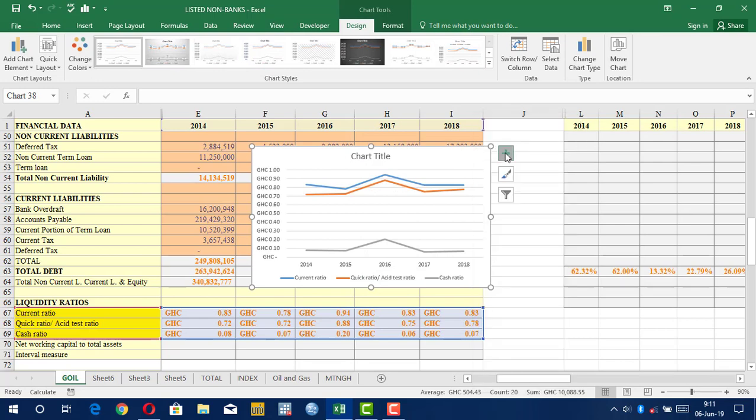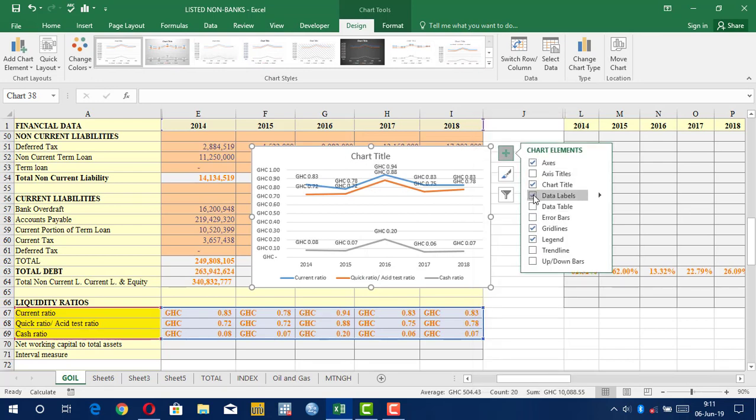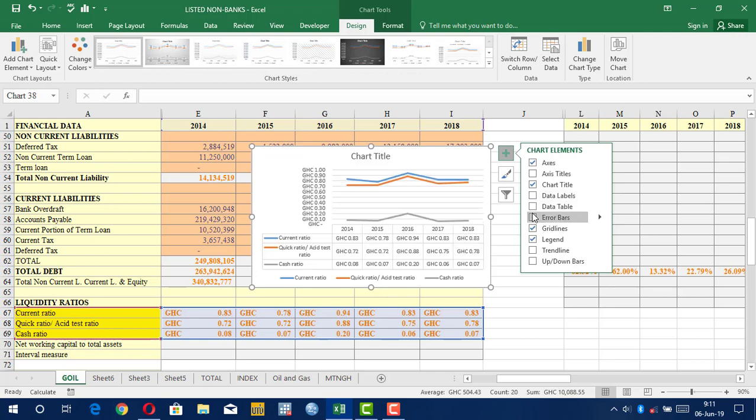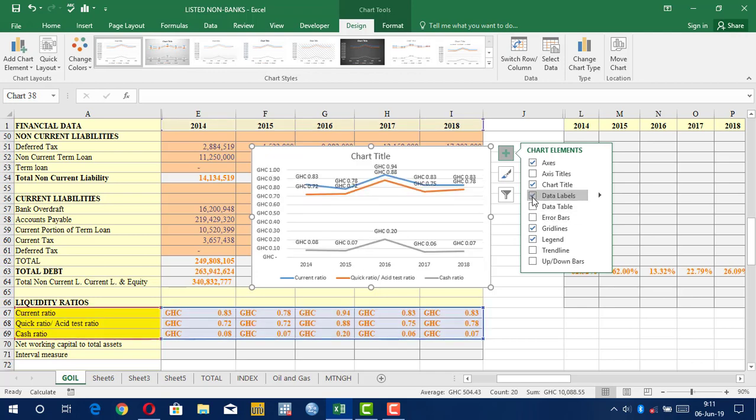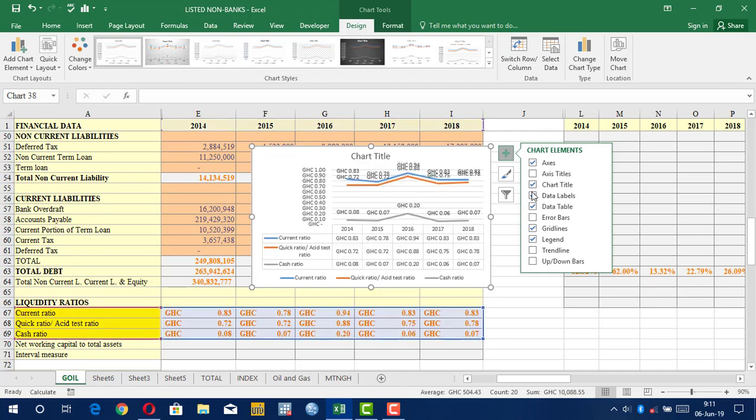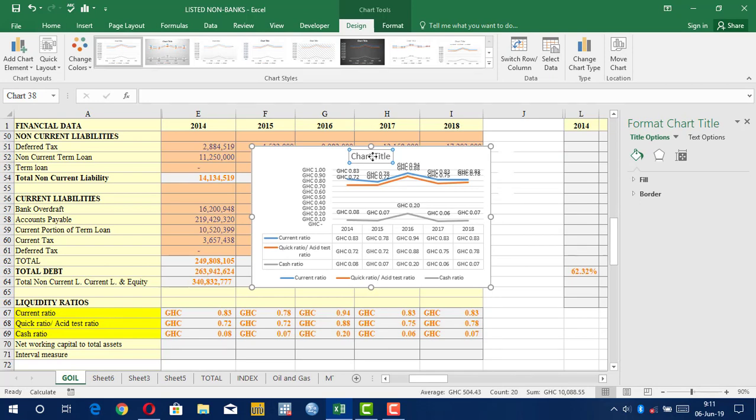Let's bring out the data labels. Okay, it will be too clumsy. Okay, yeah, we'll manage. Data tables must also come. Then the chart title is already there, then let's rename it as current ratios.